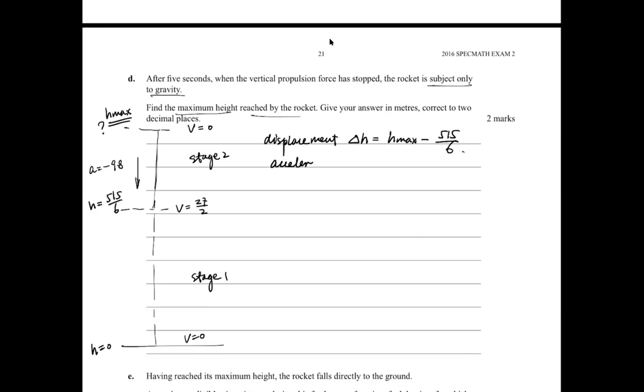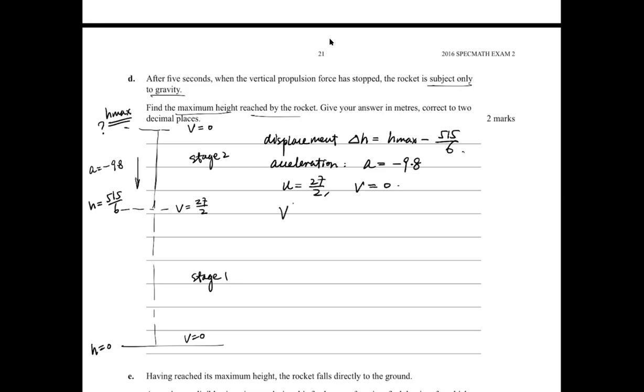Acceleration a equals minus 9.8, and u equals 27 on 2. v equals 0.